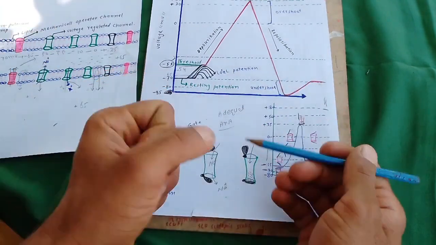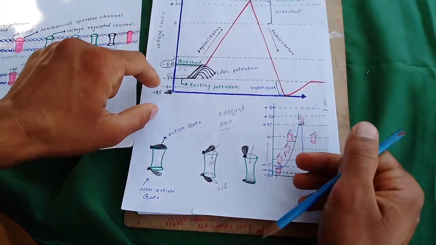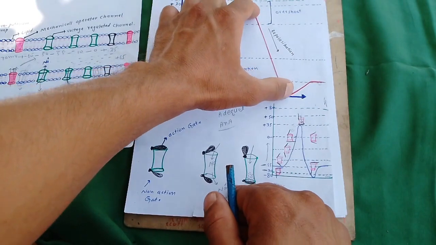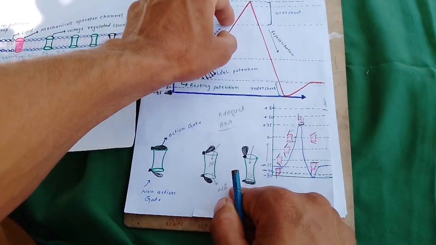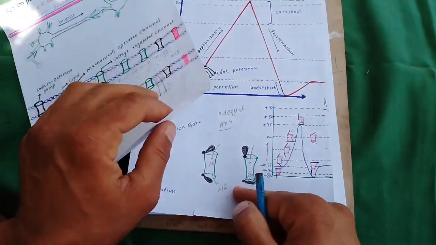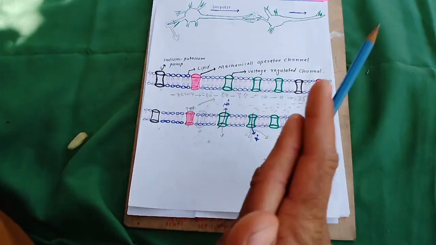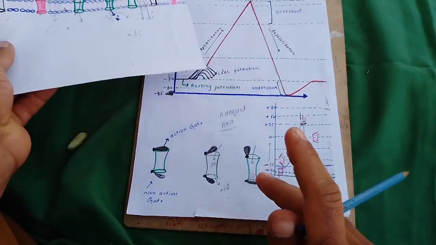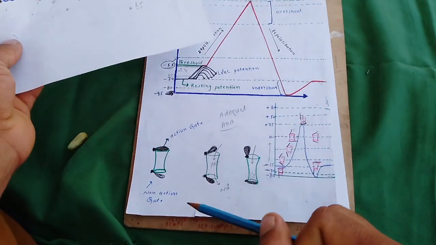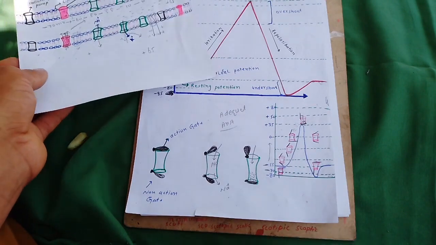So potassium wants to obtain its own equilibrium potential. So the membrane becomes repolarized. Inside is negative while outside is positive. There is the depolarization, there is the repolarization. So this is the concept of depolarization and repolarization, which carry the impulse in the forward direction.